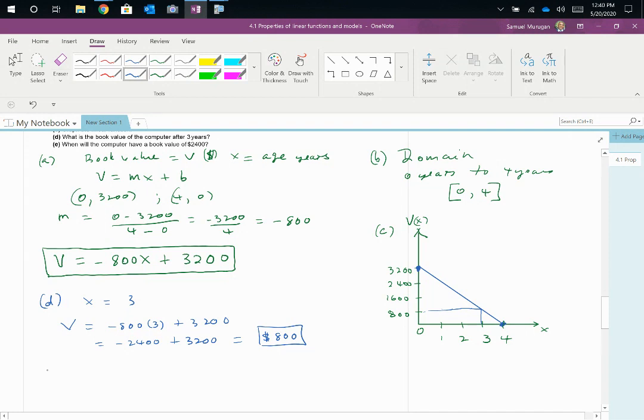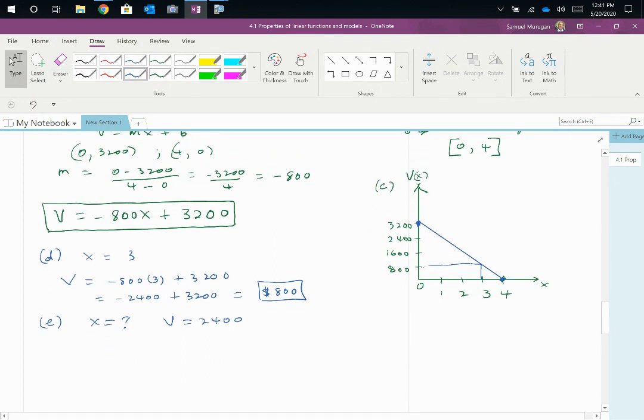And part E, when will the computer have a book value of $2,400? So when would V be 2,400, find X. So 2,400 is equal to negative 800X plus 3,200. So negative 800X is equal to negative 800. So X is equal to 1.